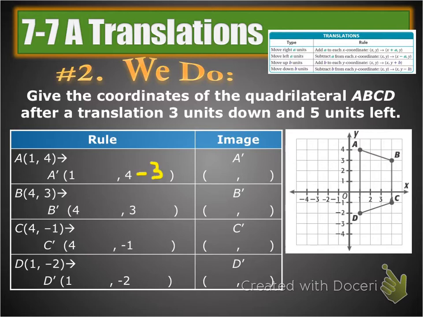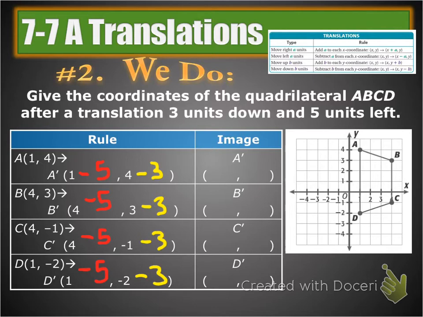So subtract 3 from my y coordinate. And then it also says that I am moving 5 units left. If you look at the chart, it says move left A units. We're going to subtract that A, which is in this case 5, from the x coordinate. So subtracting 5.